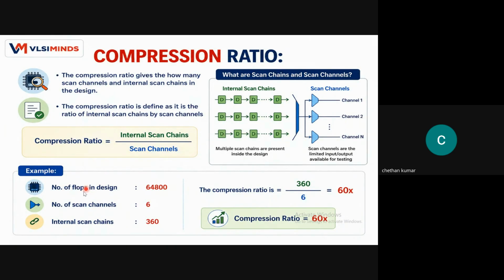Let us assume the number of scan channels is 6. The internal chains, that means these 64,800 cells, are divided into 360 chains. How many cells will come in each chain? Can anyone roughly calculate?